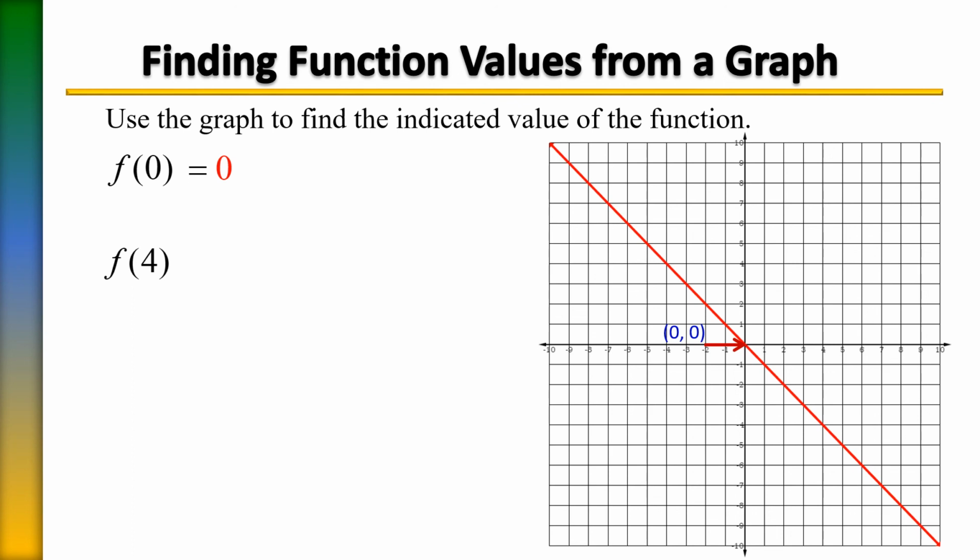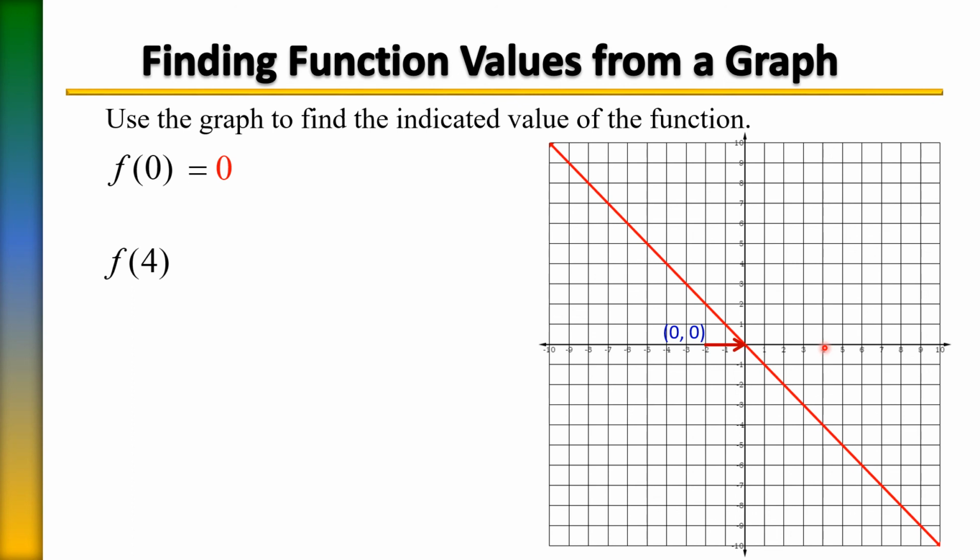Next, I want to find f of 4, with an input or x value of 4. So let's go over to our graph, and we're going to move over 4. 1, 2, 3, 4. I am not on the graph. To get on the graph, I need to move down, so my y value is going to be a negative.